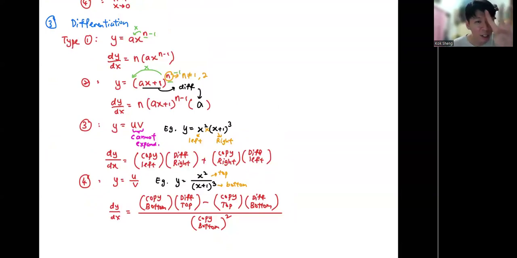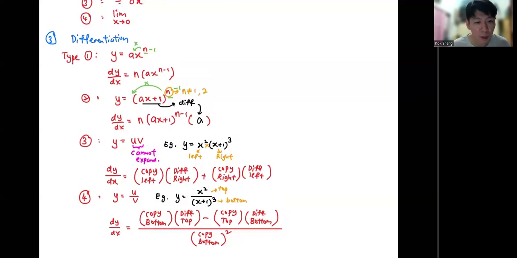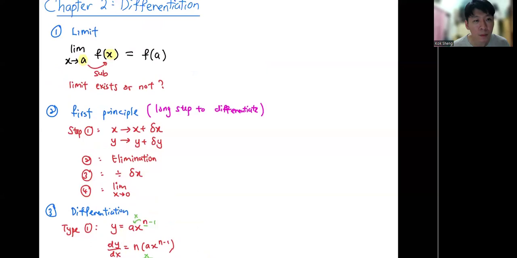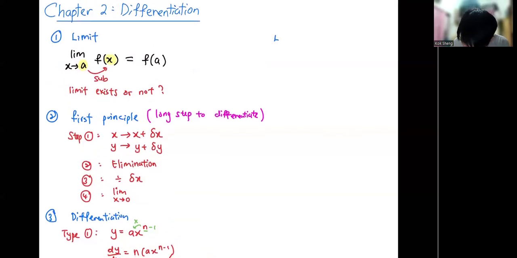Okay, now the fourth. The fourth part here will be about the tangent and normal. Let's see the graph first.